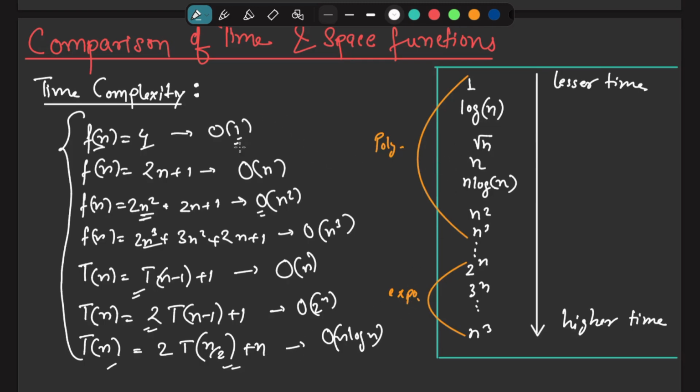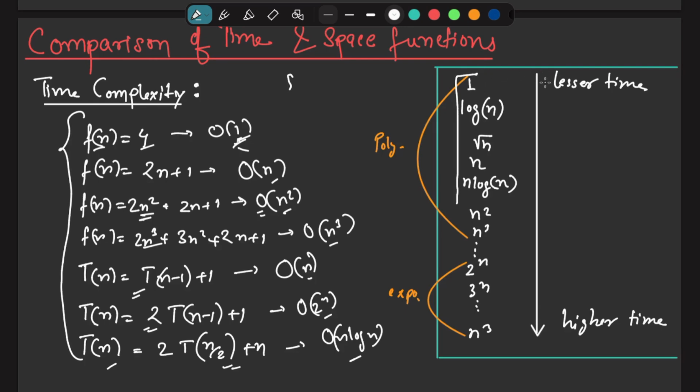So these functions which we write inside the brackets of O are called classes, and we determine the classes in a particular manner in which we can see which takes less time and which takes more time, and hence we compare an algorithm using the amount of time it takes.